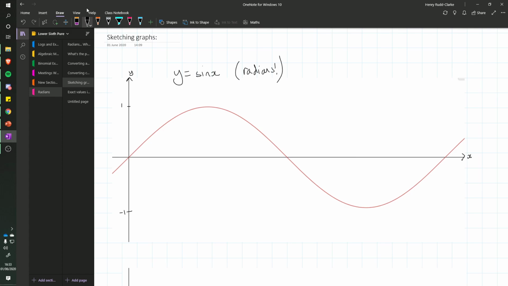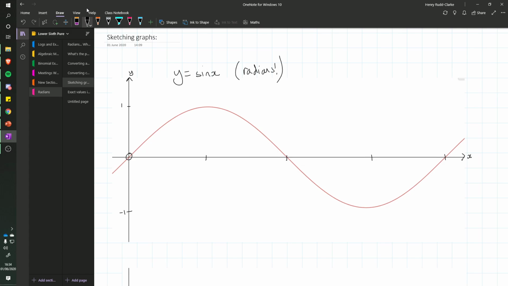So what we're really looking at is the key points that we would mark on the x-axis. So here, here, here, and here. And that's going to give us a nice sketch of the graph of sine x. So it's just a change in scale on the x-axis. If you want, you can go on Desmos, do graph of sine x, click on the settings, change it between degrees and radians, and see what happens.